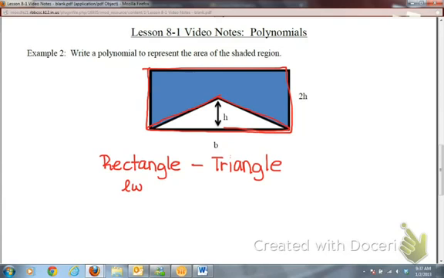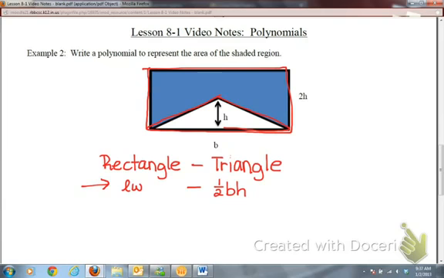And so to find the area of the shaded region in this picture, we want to take that area, length times width, minus the area of the triangle, and the formula for the area of the triangle is 1/2 times the base of the triangle times the height of the triangle. So in that step right there, I just used the formulas.